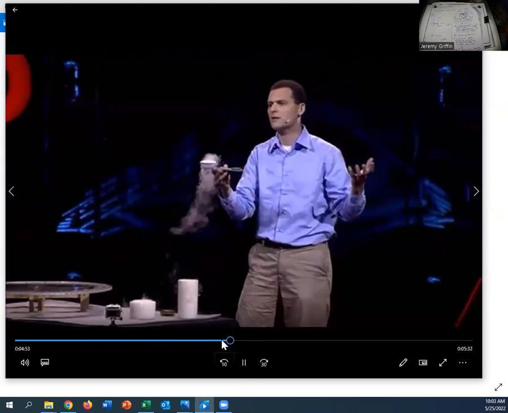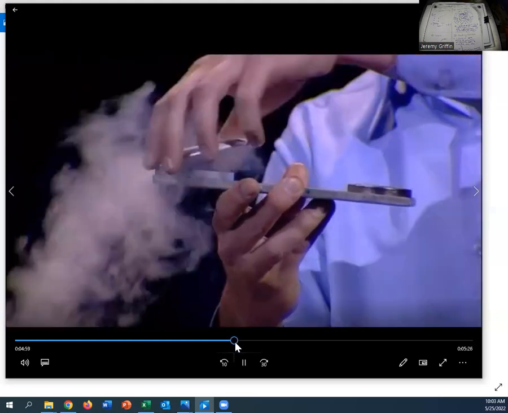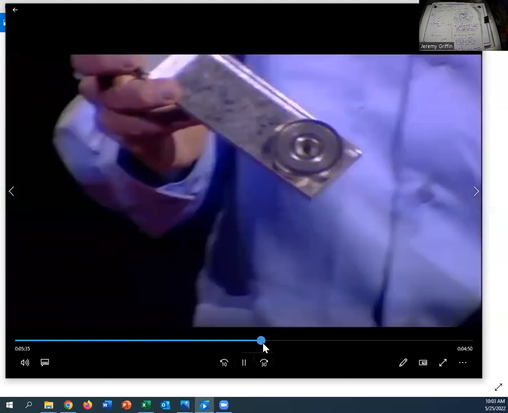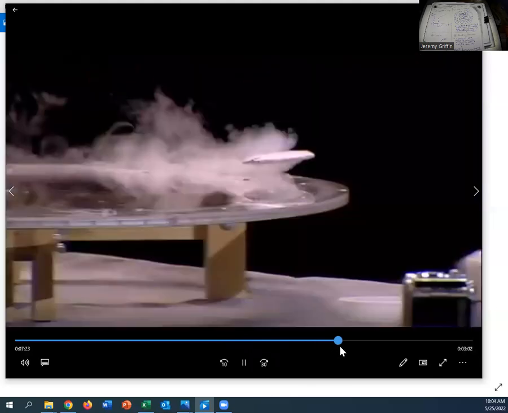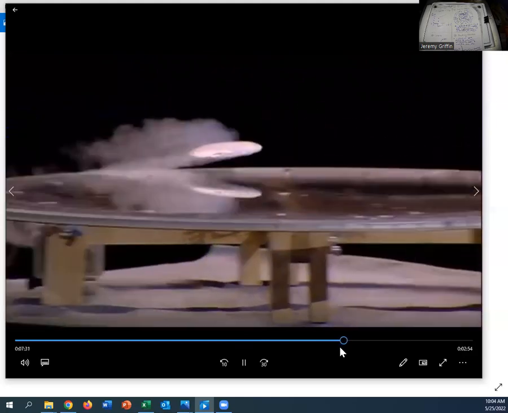Yeah, and it's not levitating in the sense of being repelled from a magnet. It's actually locked in place in those field lines. Oh, look at that. What else can you do with this? You can put it on a track. Look at it flying around like a flying saucer.